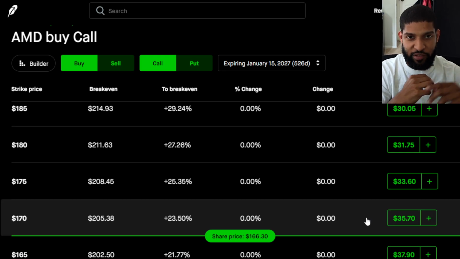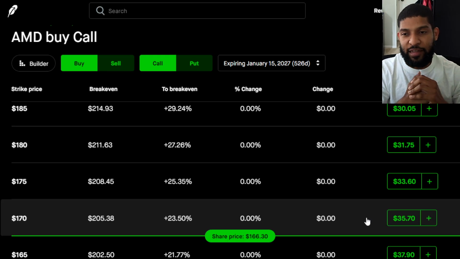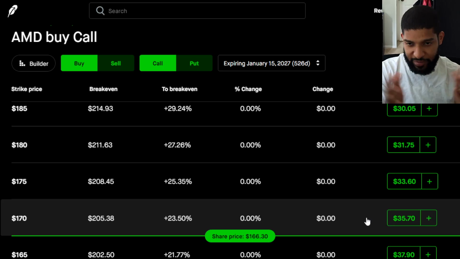You need to understand where the support and resistance levels are, and stuff like that.